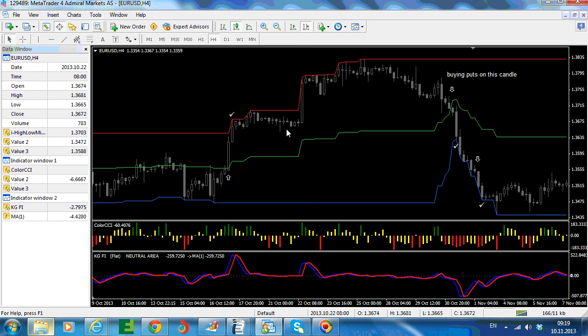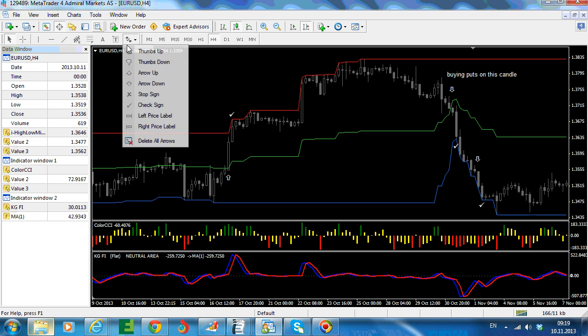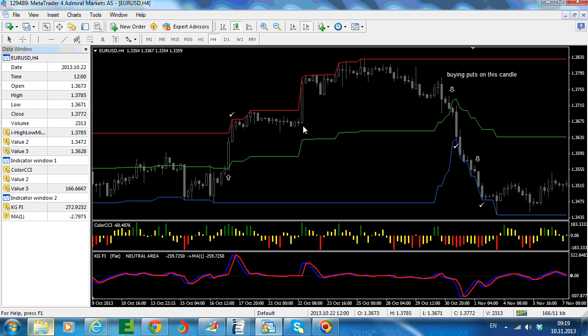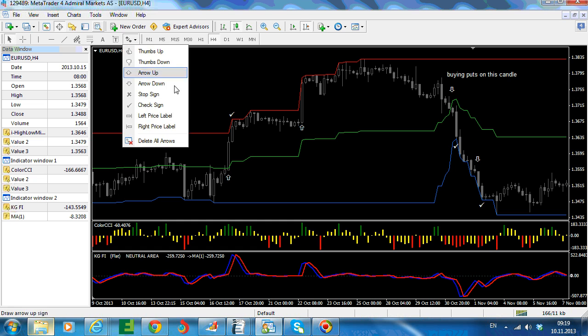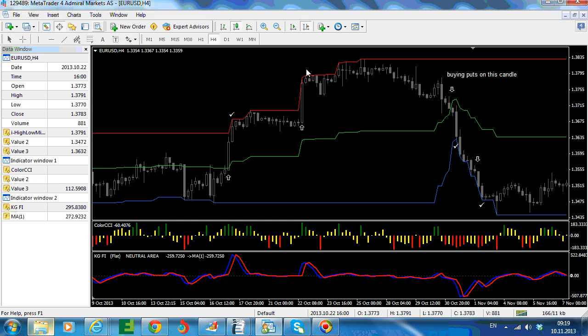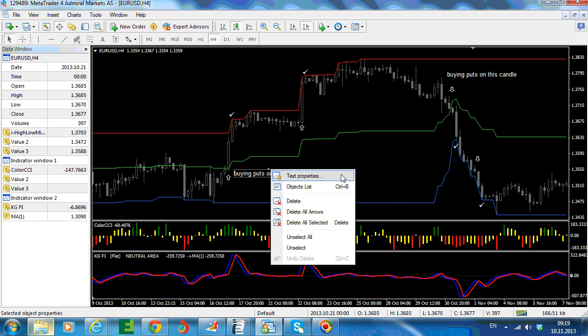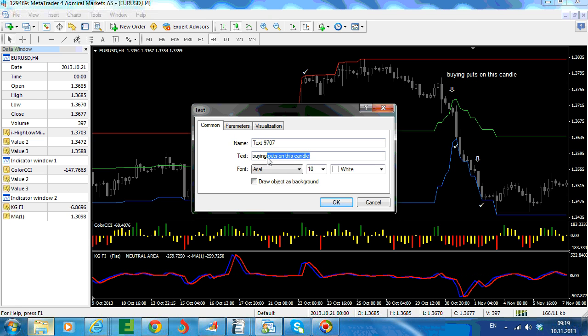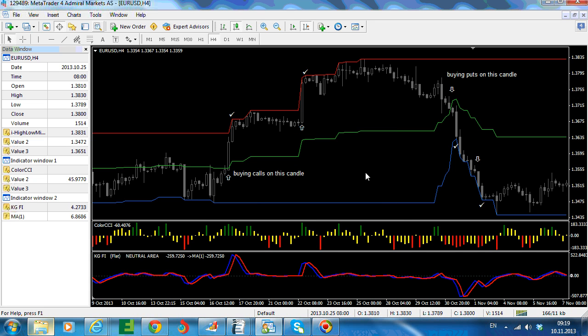So basically, we should engage here in buying calls, with the expiration date being the very next candle. While here we looked for buying puts on this candle, we are buying calls on these candles, with the expiration date being the very next candle.